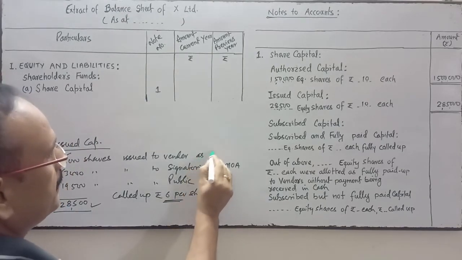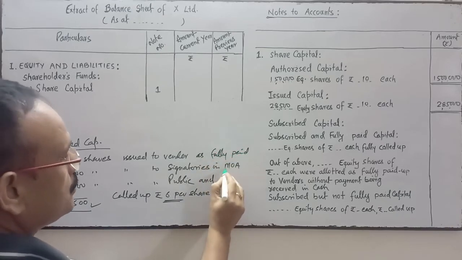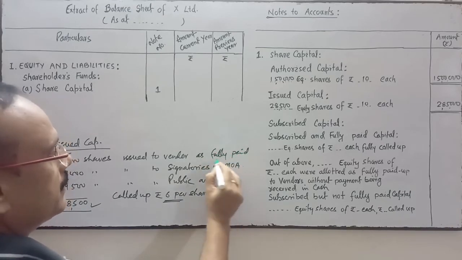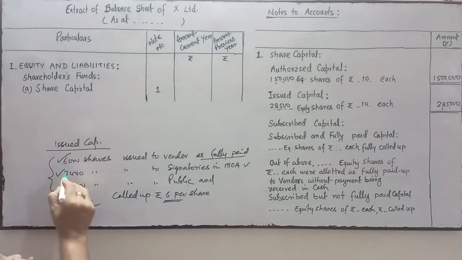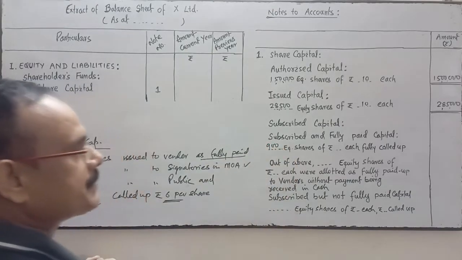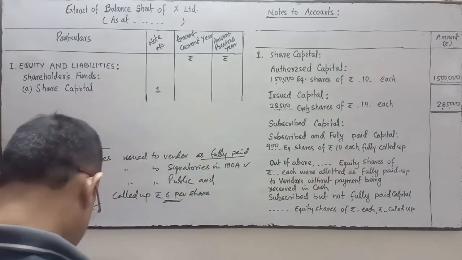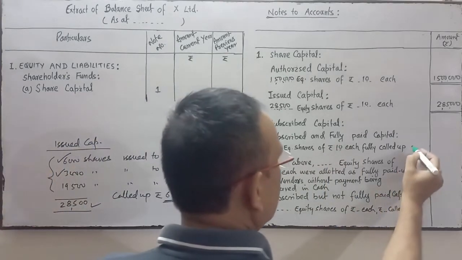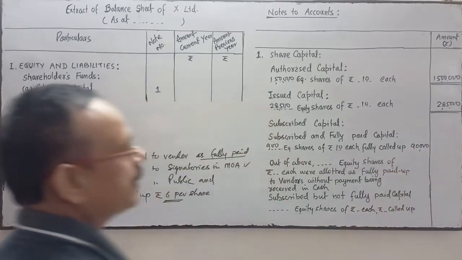So the total number is 9,000 equity shares, subscribed and fully paid, of rupees 10 each. So it is 90,000. You write it in the inner column.